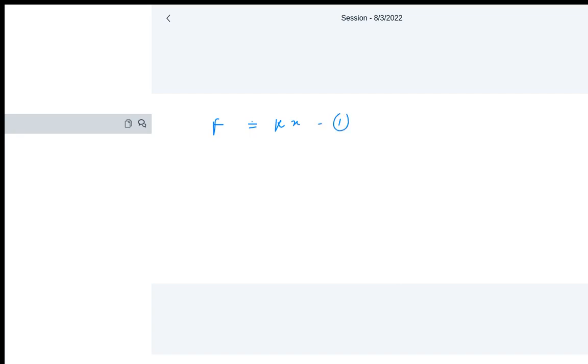Now comparing equations 1 and 2, we get k equals Q square upon pi epsilon 0 a cube.